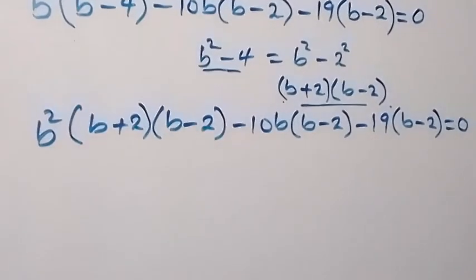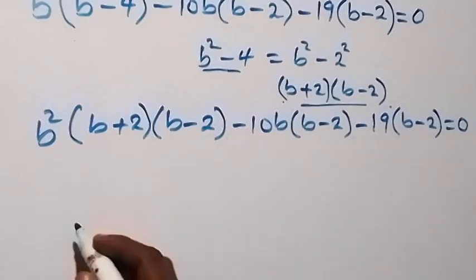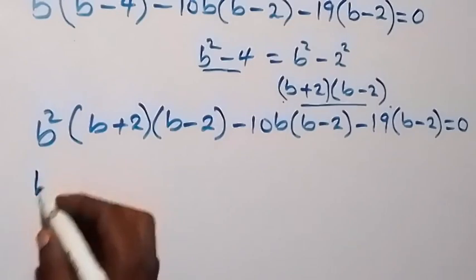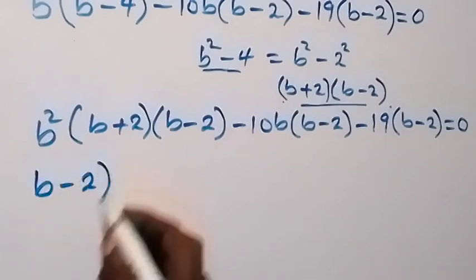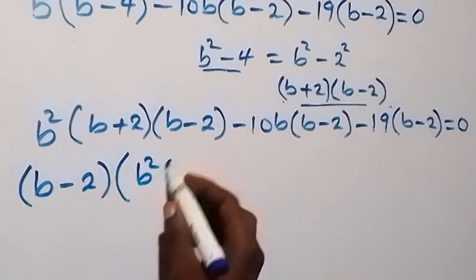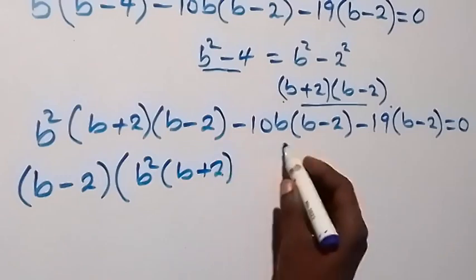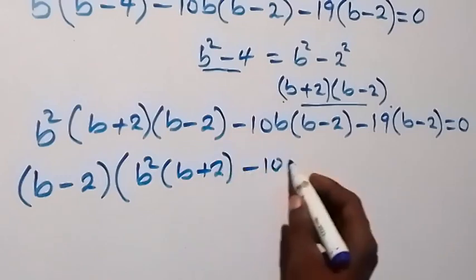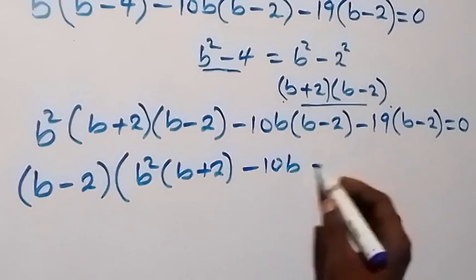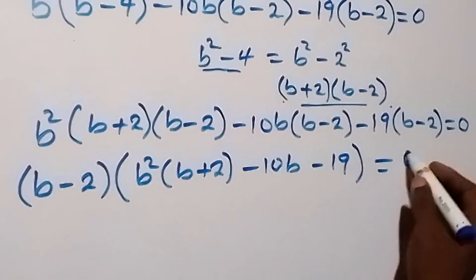Then we have b minus 2 common here. When we take it out, what is left is b square into b plus 2, then minus 10b, then minus 19, equals to 0.